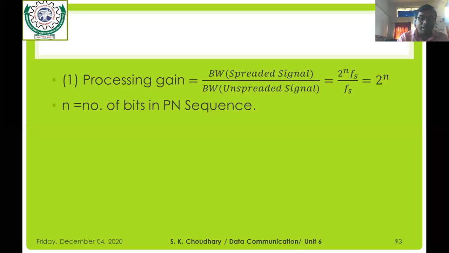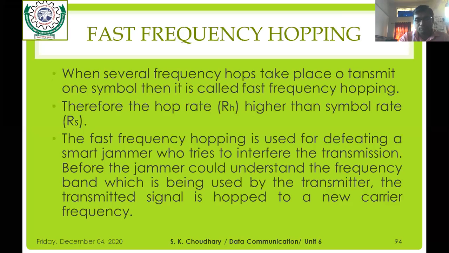Now we have to get a little bit of insight into the fast frequency hopping. When several frequency hops take place to transmit one symbol, it is called fast frequency hopping. In the previous case, there was one frequency hop per symbol, but here there are multiple frequency hops for one symbol. Therefore, the hop rate RH is higher than the symbol rate RS.